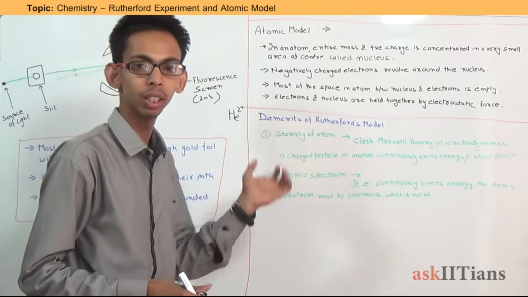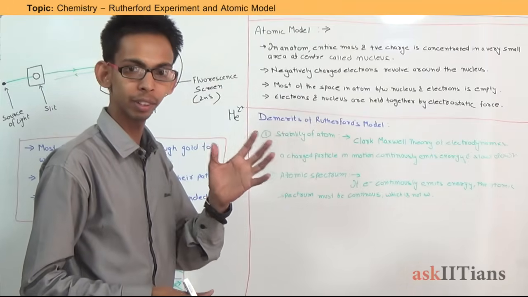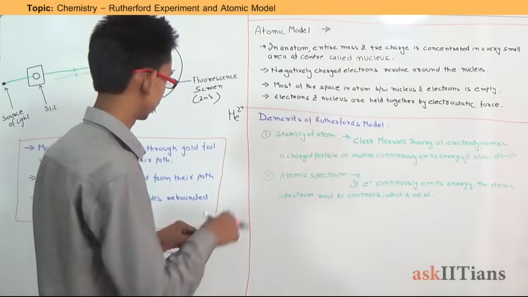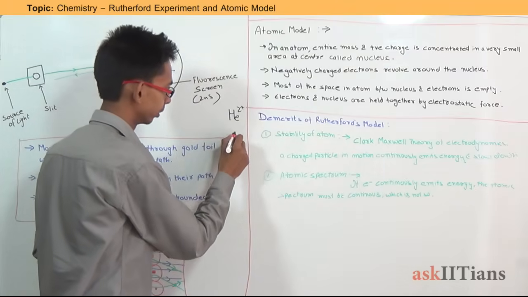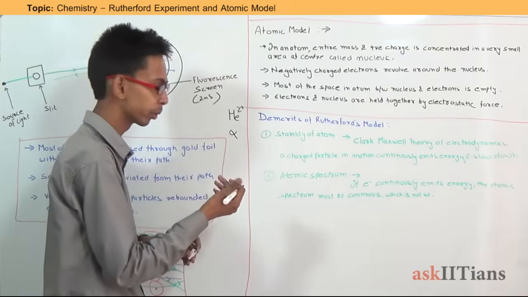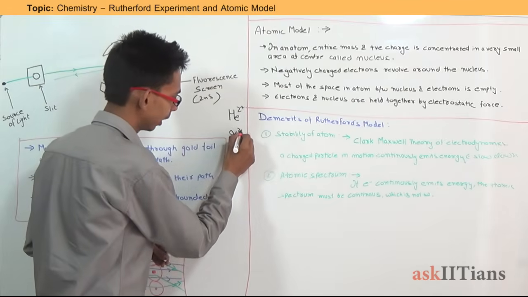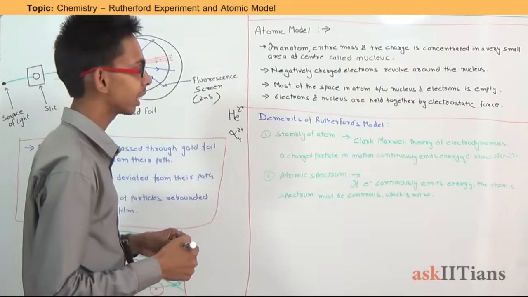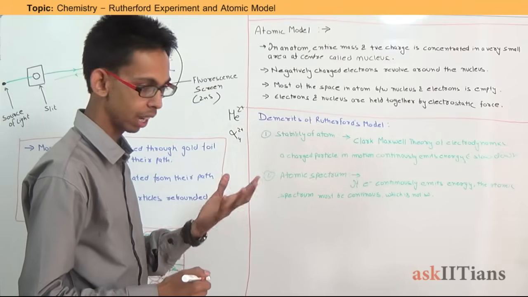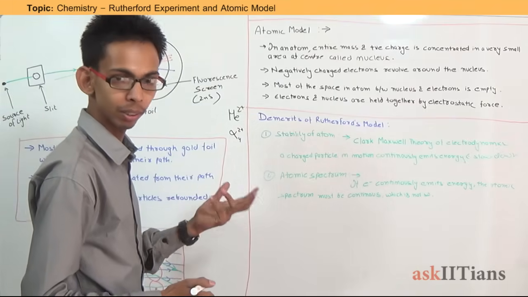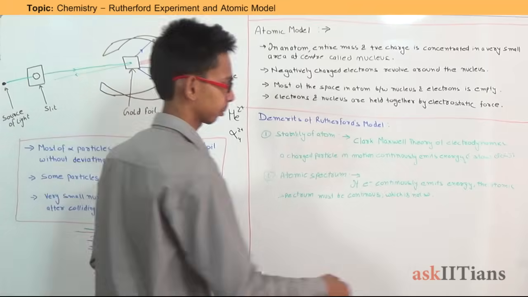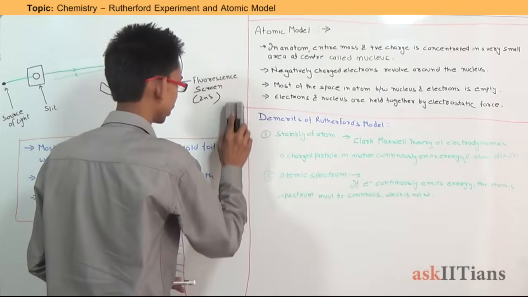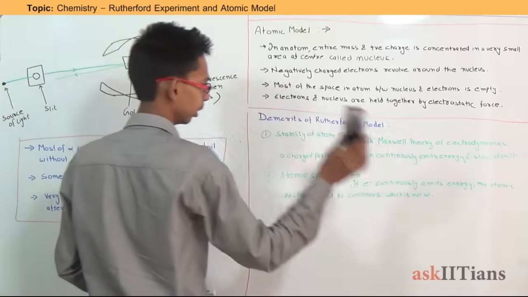If we remove those 2 electrons, we are left only with the nucleus, so it will be He2+. So alpha particles are nothing but helium nuclei. The mass is 4 and the charge is plus 2. That means an alpha particle is heavy in mass and positively charged. It's a heavily positively charged particle.